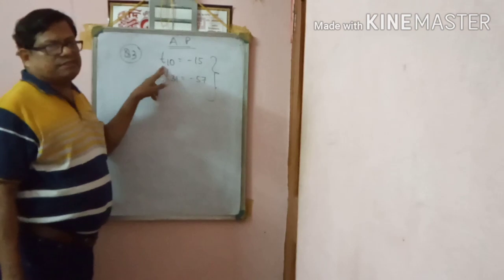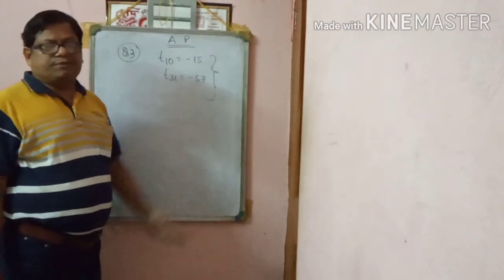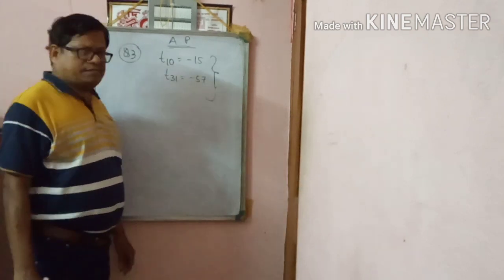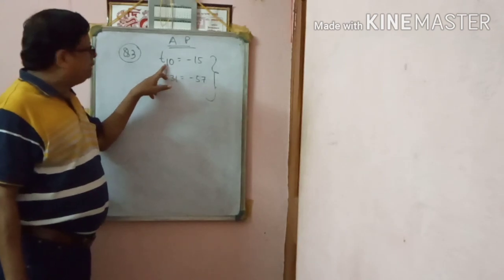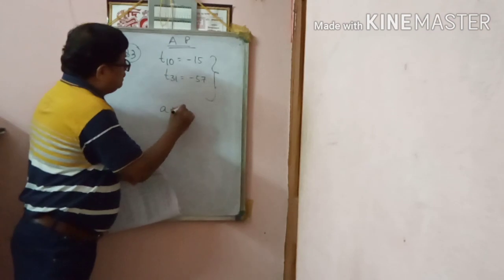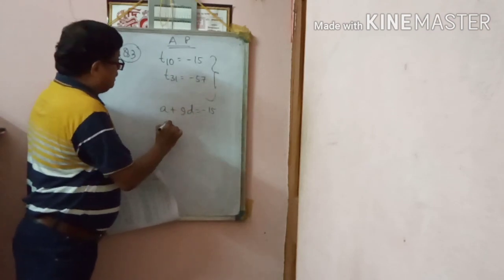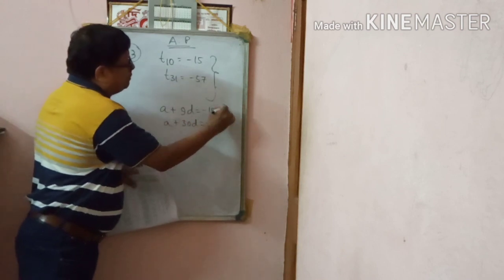Let A be the first term and D the common difference. T10 is given, so A plus 9D equal to minus 15, and here A plus 30D equal to minus 57.